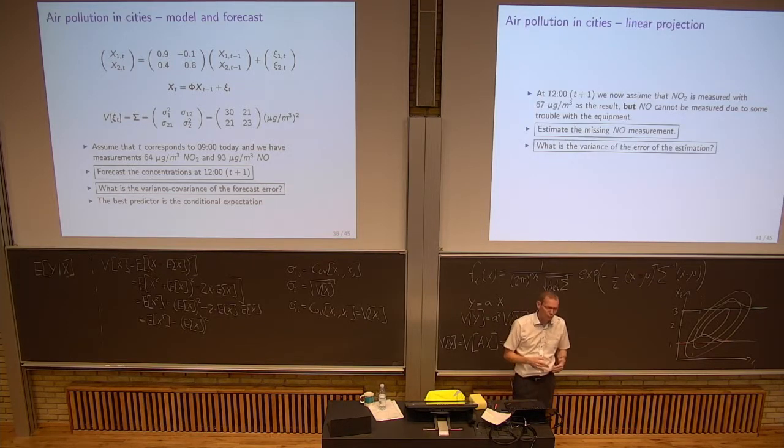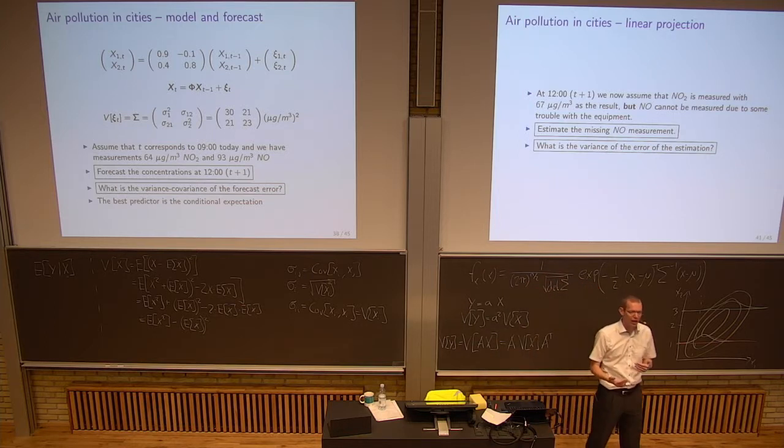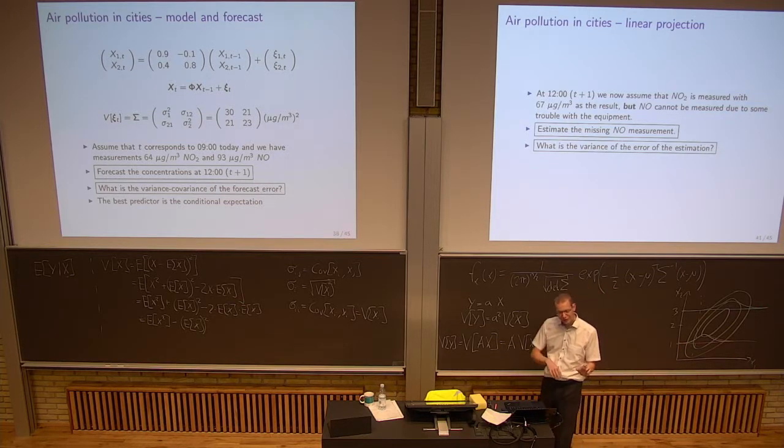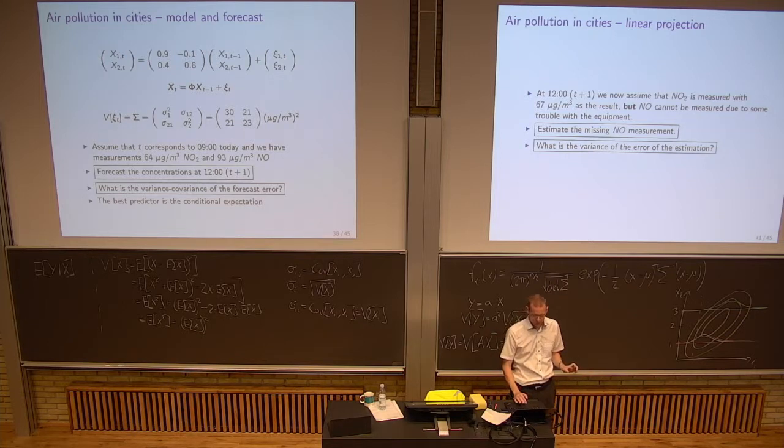Now, the tricky part is that we arrive to time 12, and the measurement of nitrogen oxide fails. But we did get an observation from the nitrogen dioxide. So what can we do now?